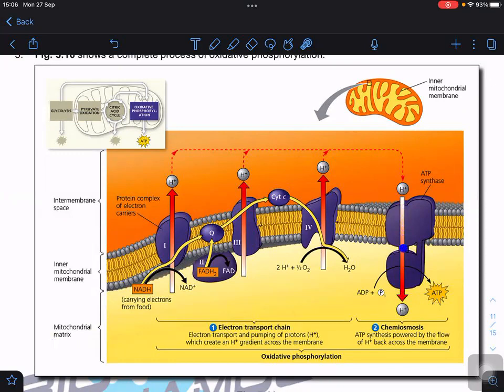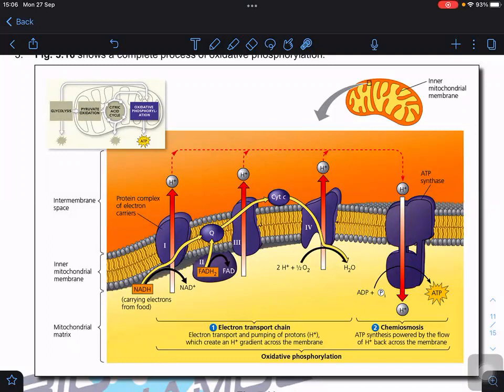They have to go through the ion channel associated with ATP synthase. This ATP synthase catalyzes the reaction of ADP with phosphate to form ATP. And we already learned about the binding change mechanism, correct or not?